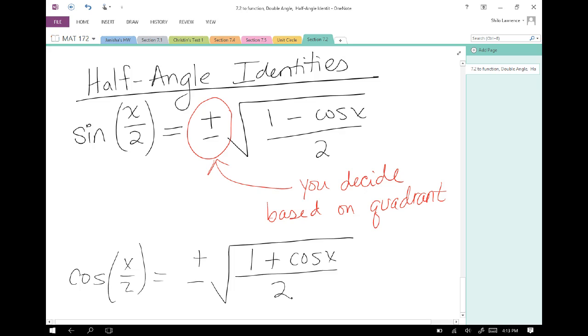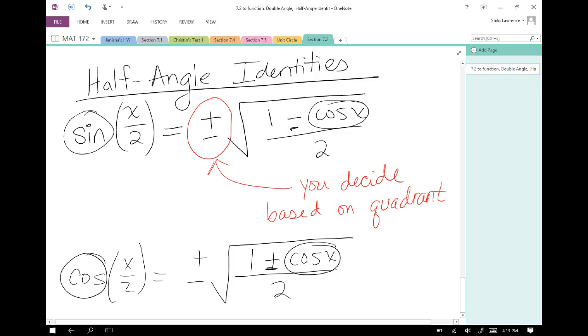So the way that I remember this is both of these contain 1 and cosine and divided by 2. The only difference is one of them has subtraction and one of them has addition. So the one where the trig function stays the same, I've got positive. The one where I'm changing the trig function, it's negative.